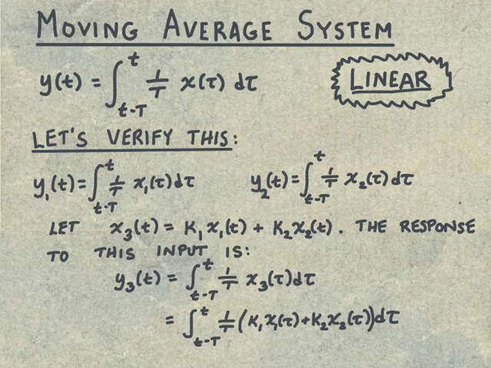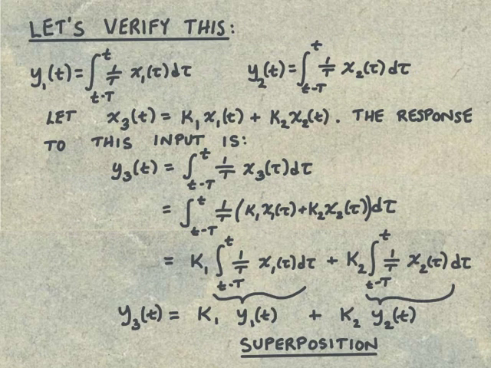Then the response to this will be the moving average of x3. We'll then substitute in for x3 k1 times x1 plus k2 times x2. After substitution, we'll break up the integral into two terms, and we'll pull k1 out of the first term and k2 out of the second.